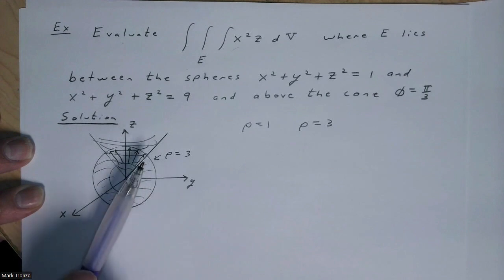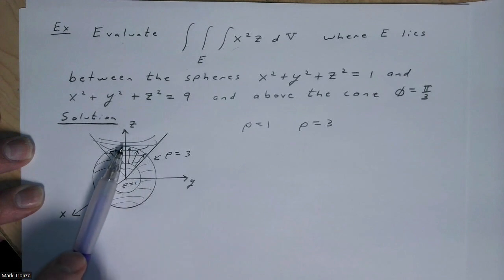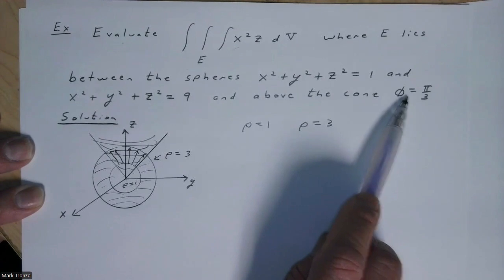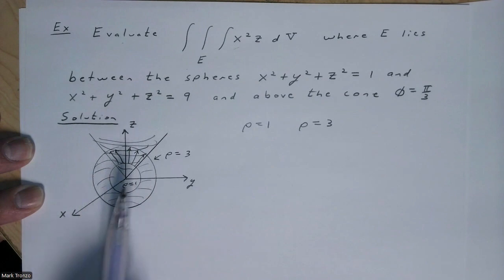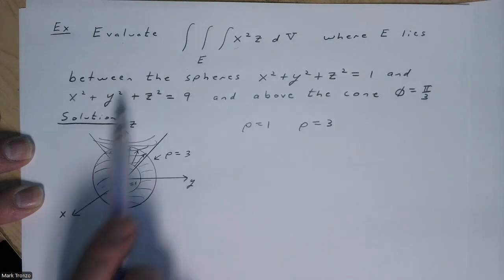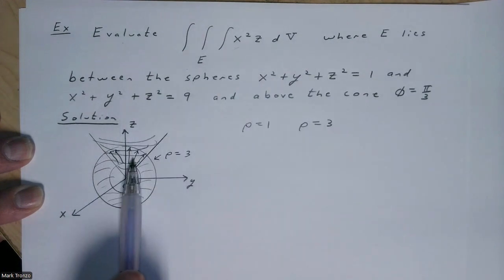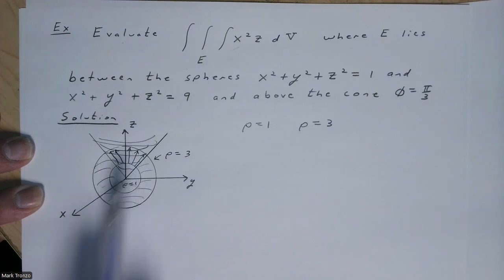And also you can see clearly phi would go from 0 to pi over 3 because it's going to cover this area here. And theta is going to go from 0 to 2 pi. So it wants the volume in this region here, but above the sphere. So it's going to be this volume right here.